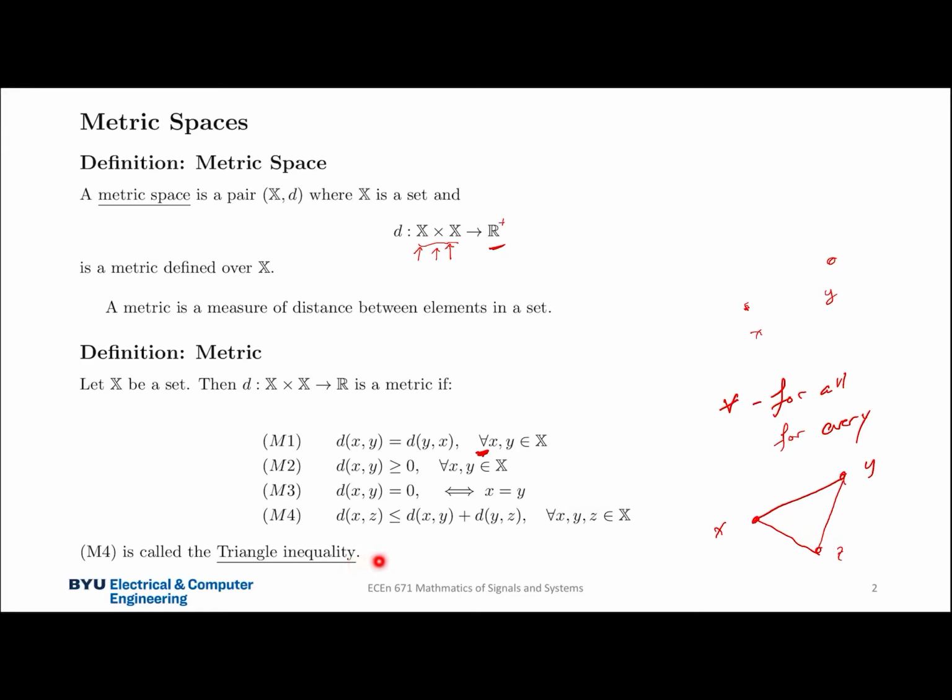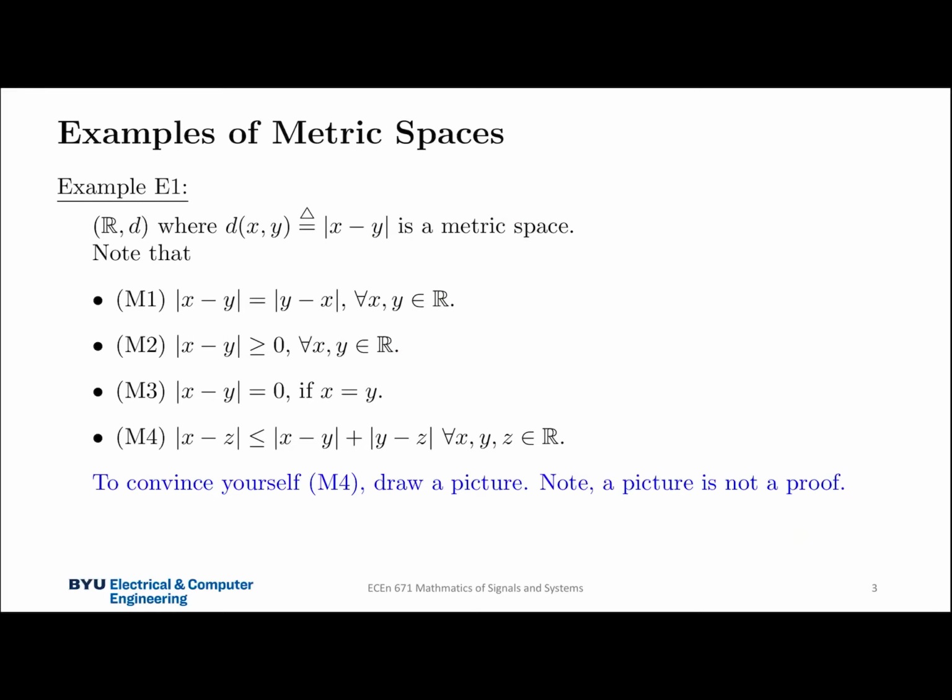Okay, so if we can define a set and a metric that satisfies these four properties, then that is a metric space. I have a number of different examples. The first example: again, we have a set and a metric to get a metric space.